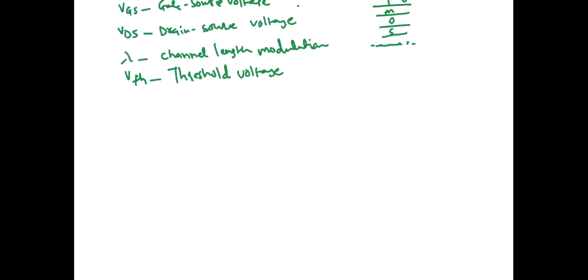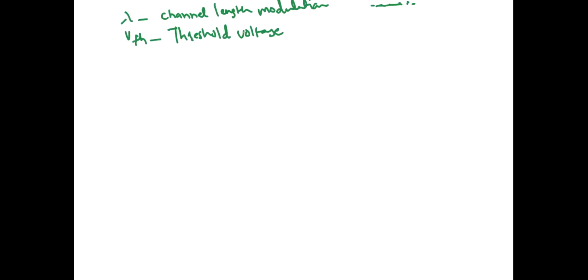Again, the output characteristics, or output curve, is a curve between ID, the output current, versus the output voltage, for given values of input voltage, that is VGS. And we will draw it for an N-channel MOSFET.